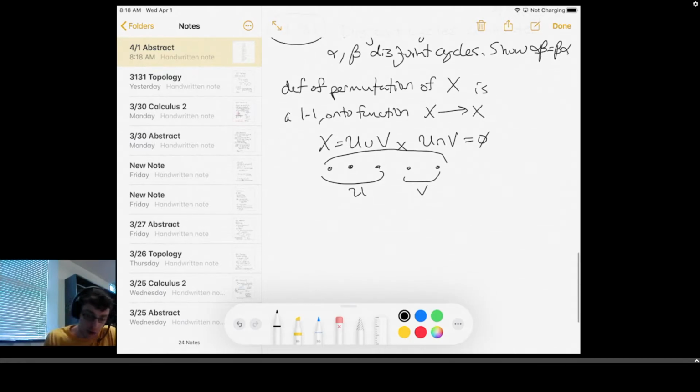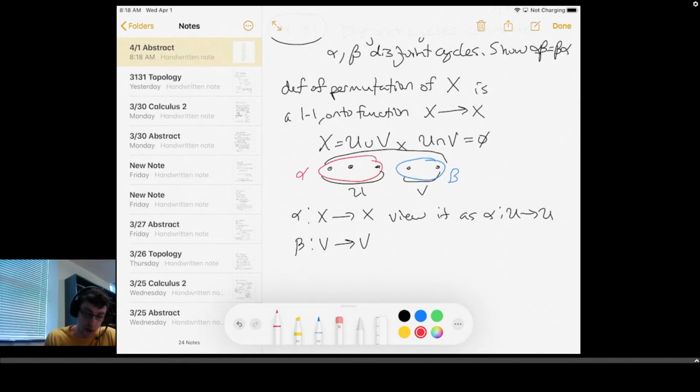And basically you're viewing alpha, sure, as a function from x to x, but really you can view it as fixing the things in v, not affecting them. So view it as alpha from u to u. Alpha only affects this part, so alpha does something to these three guys. And then beta, you would view from v to v, so beta would deal with these two guys.